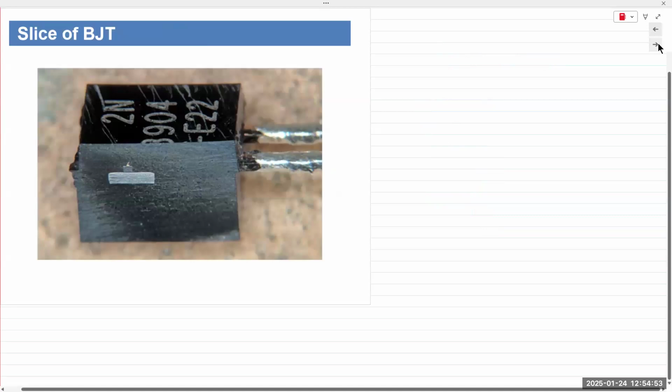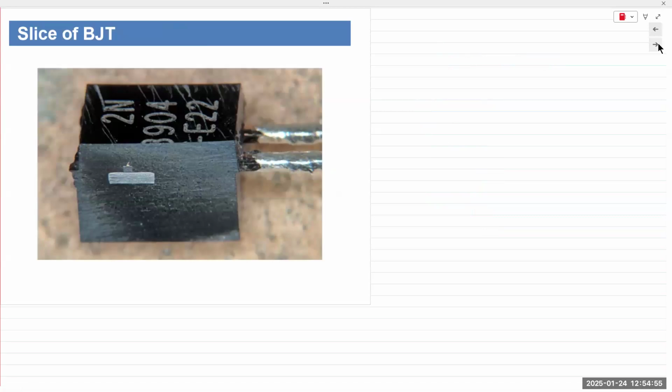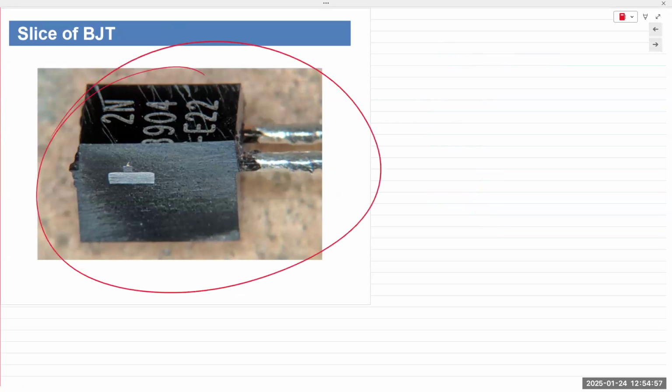This is just a slice of an actual BJT transistor. This is by far the most common packaging of a transistor, sliced in half. In your lab kit there'll be a small component with black epoxy packaging with three terminals coming out of it.